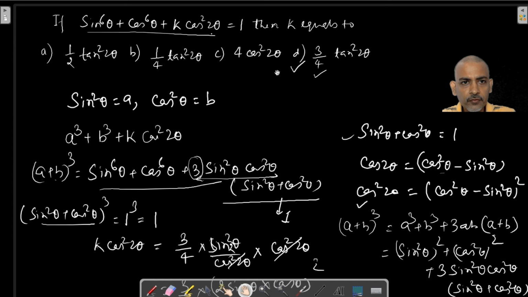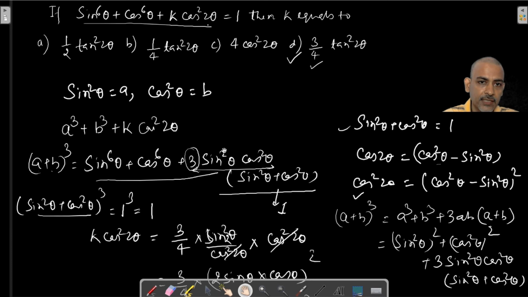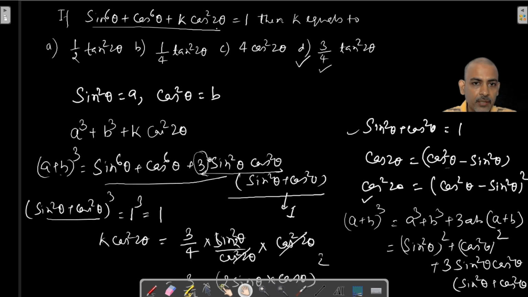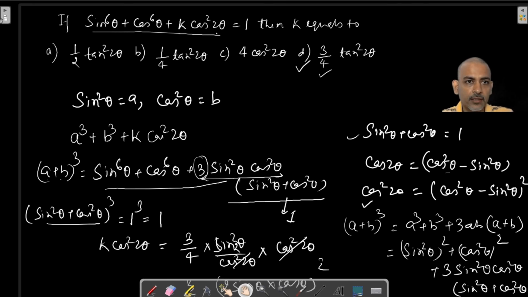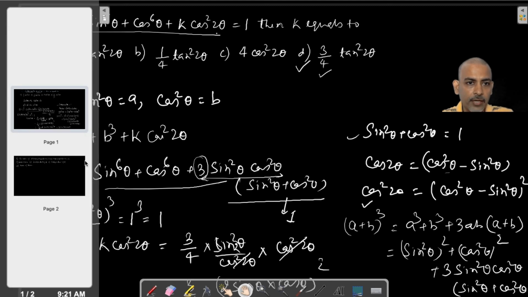You could have just worked with cos 2 theta and then you would have landed nowhere, because you would have to again expand cos square theta minus sin square theta, as I started myself, right? But then halfway through I realized that this is going to be a lengthy process, and since you are working on a problem which is objective, you have to work smartly and work with the options as well. Alright, hope this part is clear. If not, then please ask me in the comment section below and I'll be happy to answer.